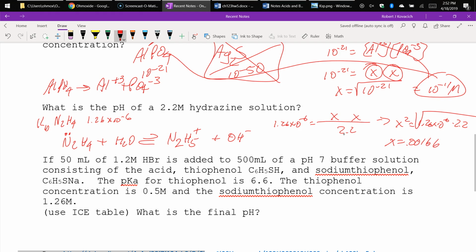If I take the negative log of that, I get a pOH equal to 2.8, and so then my pH is going to be 11.2. 12, 13, 14, yeah. So my pH will end up being 11.2.